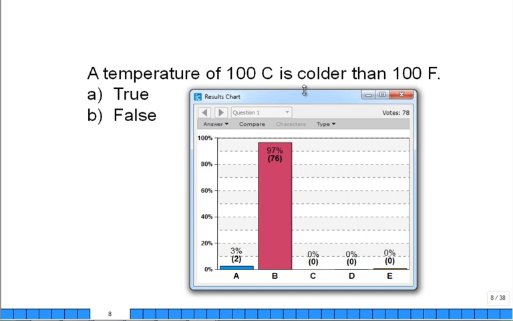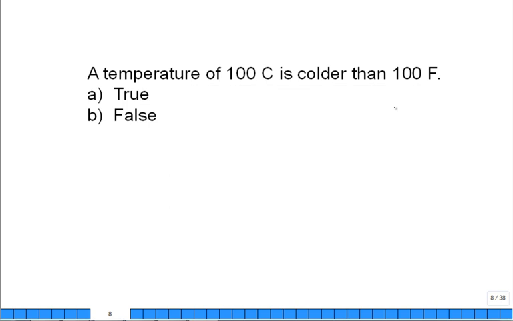Three seconds, 2 seconds. We have 2 people that are on A. When I click it, it's now graded true. So 100 degrees C is not colder, but just the opposite. It's hotter than 100 degrees F. Thank you very much for your participation.